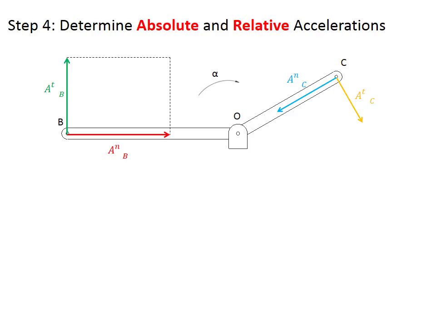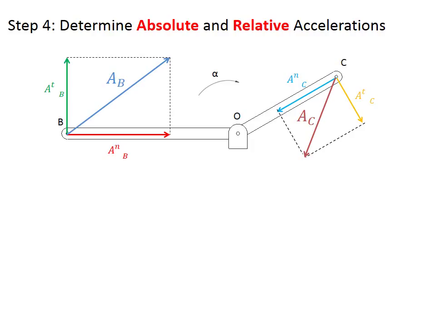For the acceleration of the point B, we just need to add the normal component plus the tangential component, which is going to result in the absolute acceleration of the point B. And same for the point C, the addition of the tangential and the normal components of this vector is going to be the absolute acceleration of the point C.